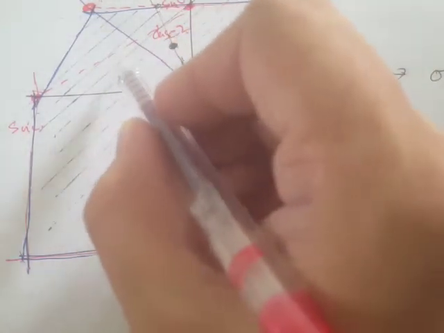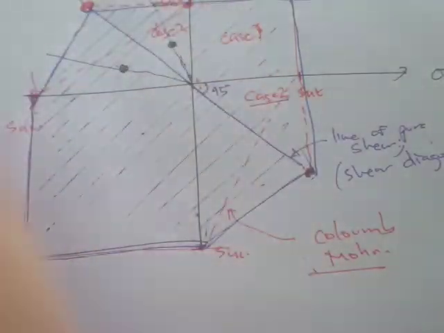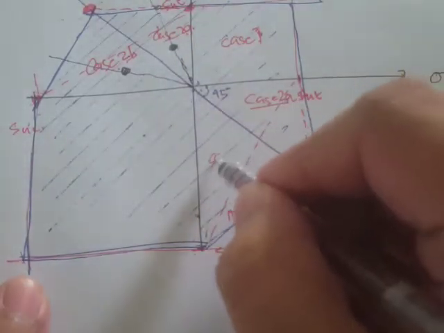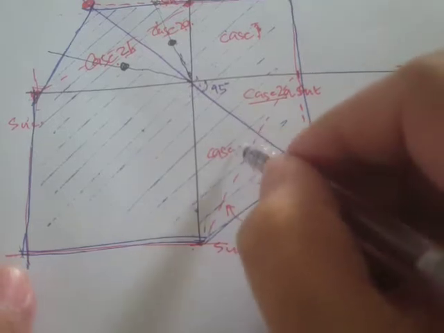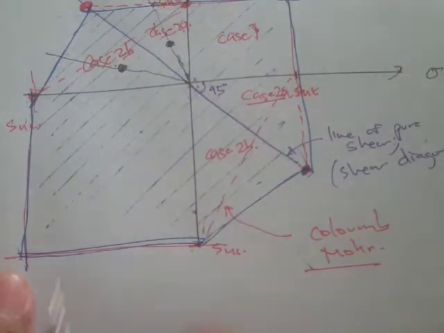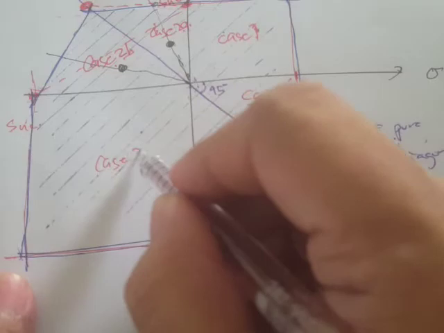But if this is our load point, and we project a load line, then there's going to be changes in the equation. So this is case 2b, and this one's case 2a. This one as well is case 2b, and this is case 3.